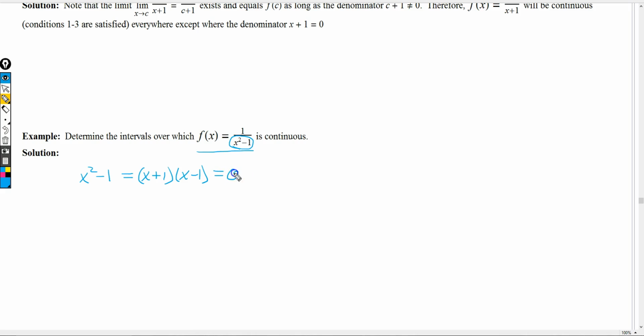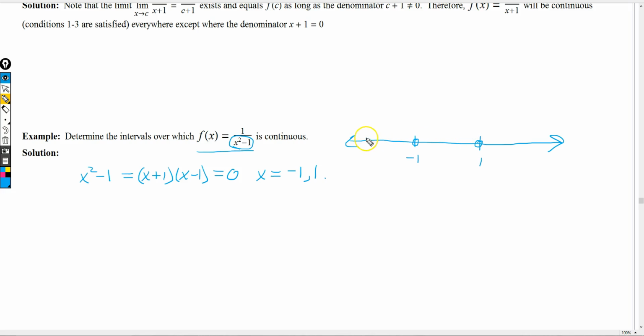And of course, if we set that equal to 0, we get x equals -1 and 1. So our function will be continuous everywhere except at these points. So we have to exclude them from the real number line.